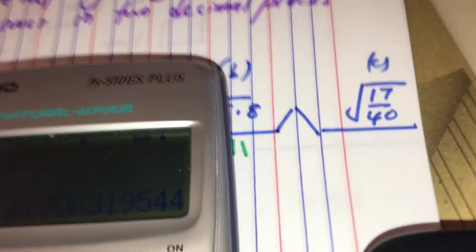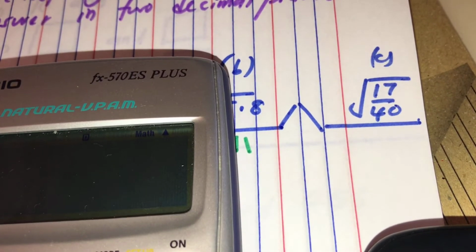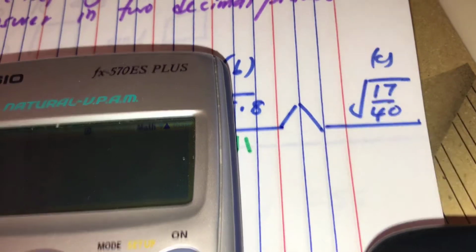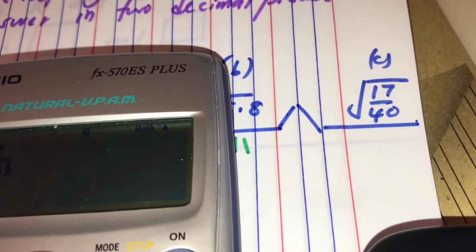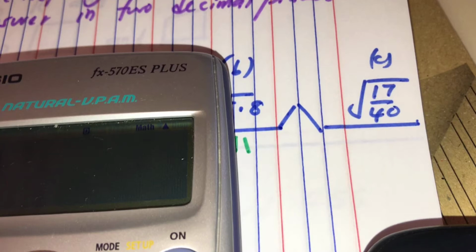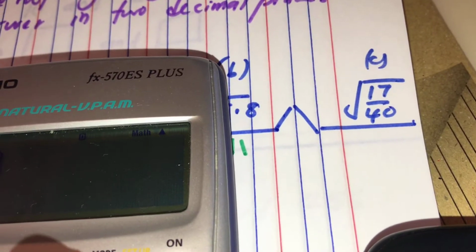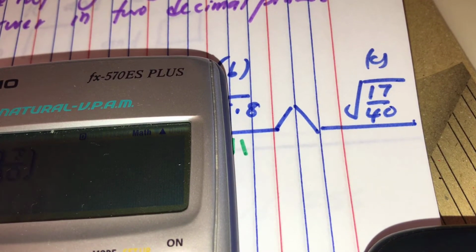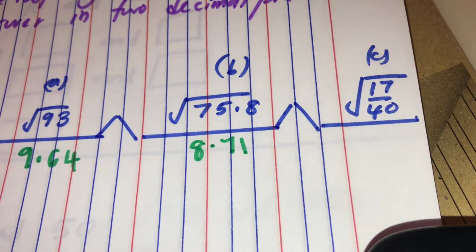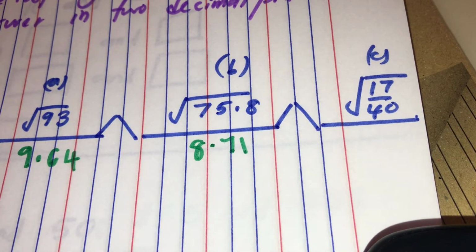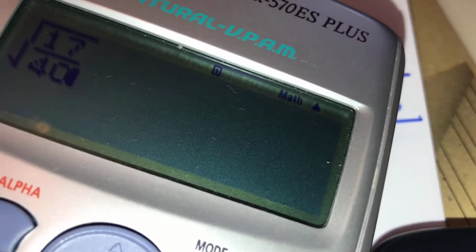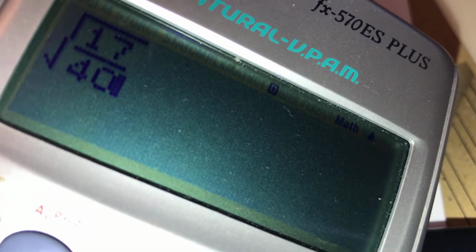You press 17 over 40, square root of 17 over 40, equals, then press SD.